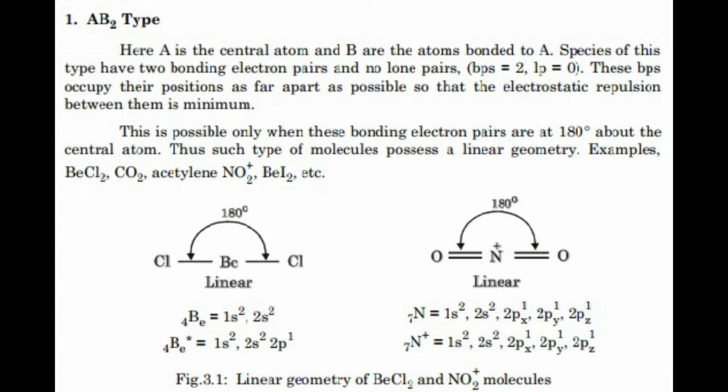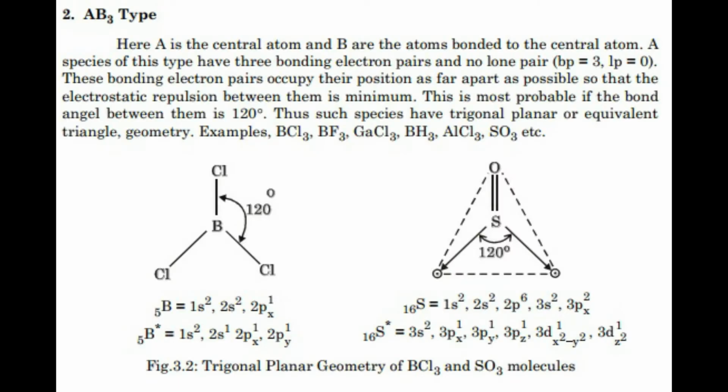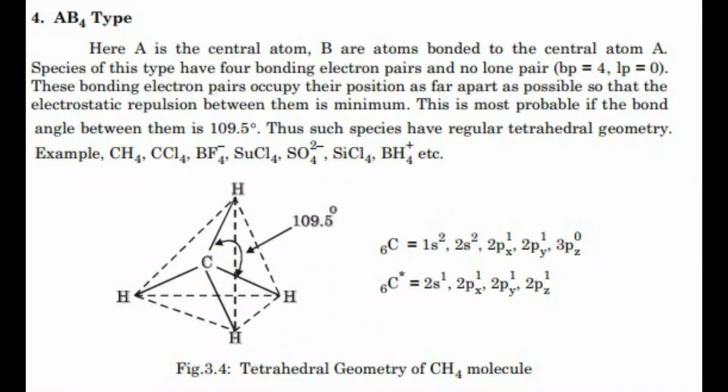Examples are beryllium chloride and NO2 molecules. Then in AB3 type, where all the electron pairs are bonded, a trigonal planar structure is obtained. Sulfur trioxide and boron trifluoride are examples. Then in AB4 type, a tetrahedral structure is obtained. The CH4 molecule is the best example.